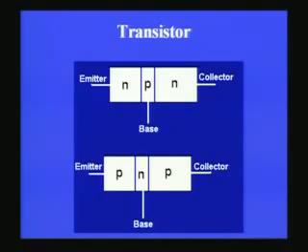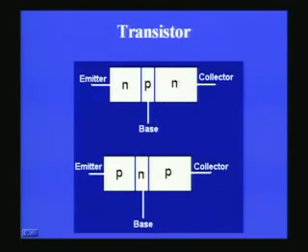Instead of p and n, I go for p, n and p, or n, p and n. So you can see I can have a 3-terminal device as it is shown on the screen. You can have n, p and n, 3 regions of semiconductor, or it can also be p, n, p.